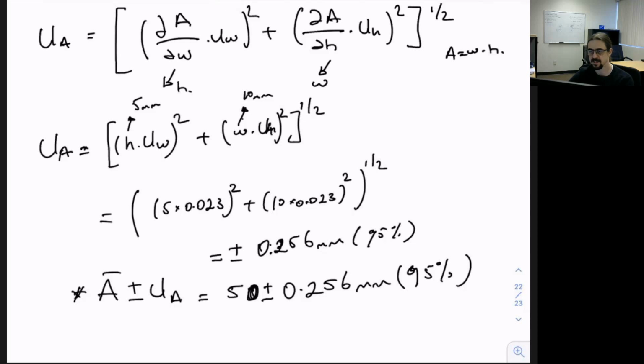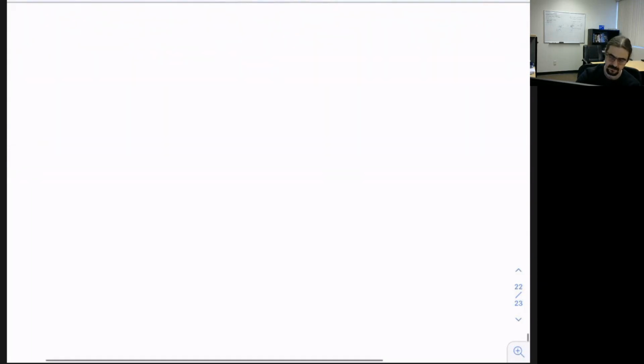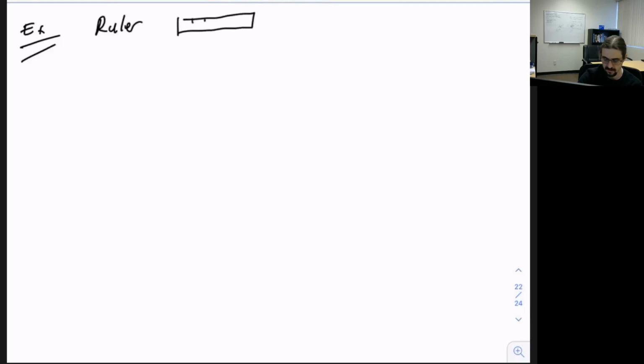Okay, so that's a pretty simple example. Let's go and do one more. This time, instead of using a caliper, let's say we used a ruler. Let's draw a ruler here, with a bunch of numbers. The resolution of the ruler is plus minus 0.1 centimeters at 95 percentile, and let's say that's the only thing that we have.